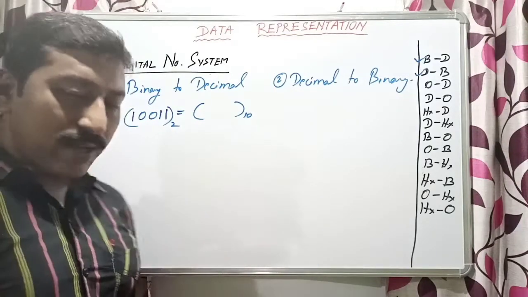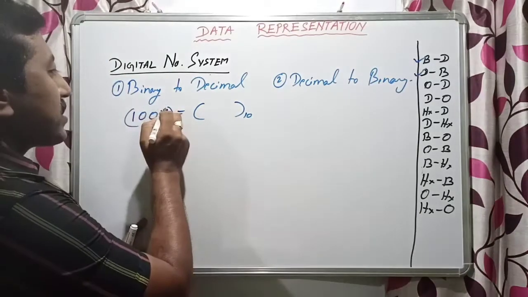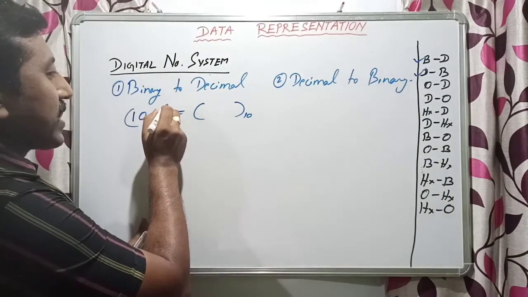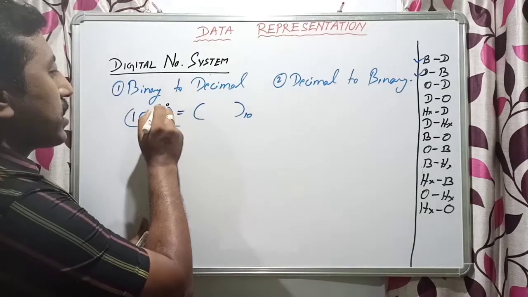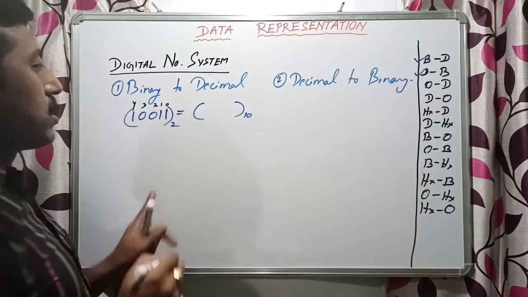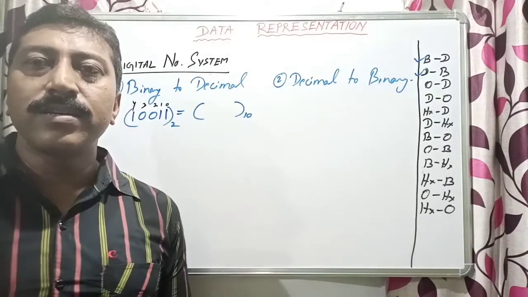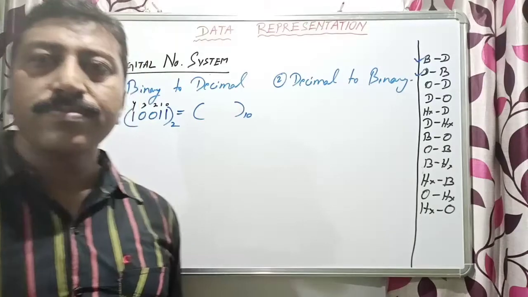Before doing this, first remember that in the binary number system, the positions start from the right side. It starts from 0, then 1, then 2, then 3, then 4. The first right-hand side bit is position 0.